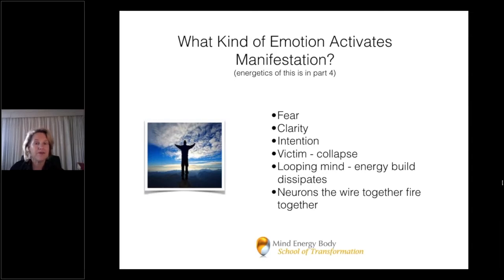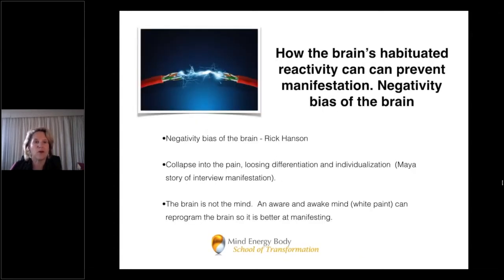So on some level, fear was helpful. But fear isn't always helpful. If it brings you more into a collapsed victim consciousness, you just don't have the higher vibration to really attract what you want. So fear comes from a certain part of the brain. And we're going to talk more about that.